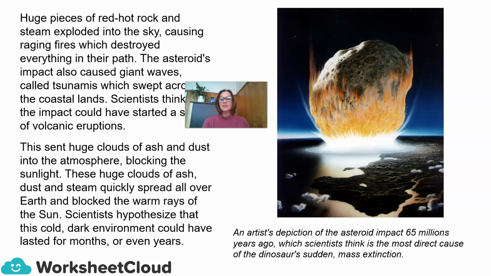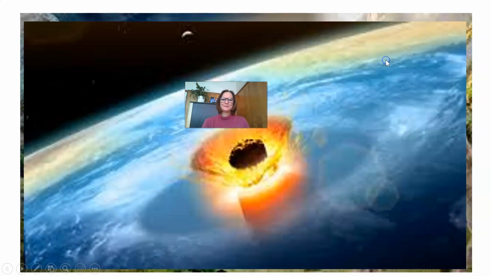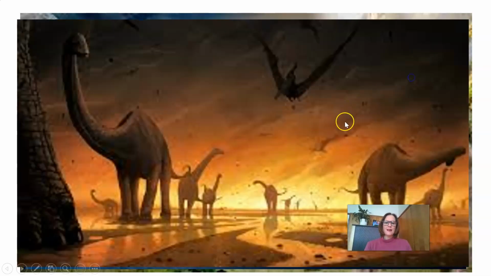These huge clouds of ash, dust, and steam quickly spread all over Earth and blocked the warm rays of the sun. Scientists hypothesize that this cold, dark environment lasted for months or even years. Right, scary. There's our asteroid, and there are our dinosaurs running.